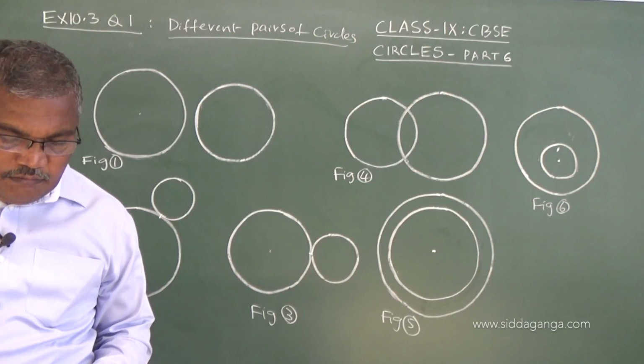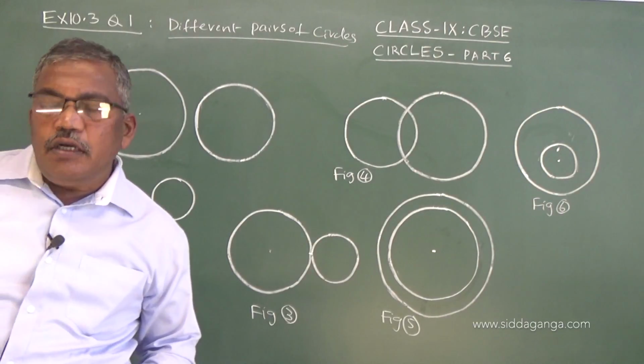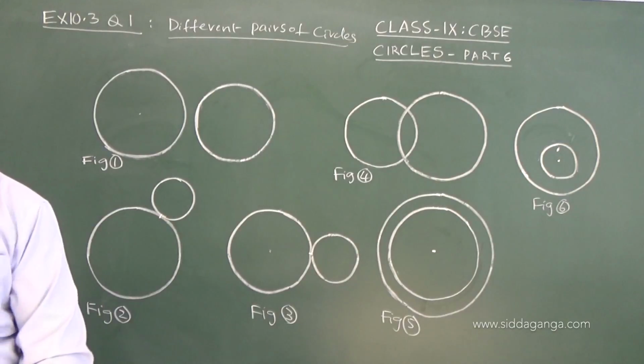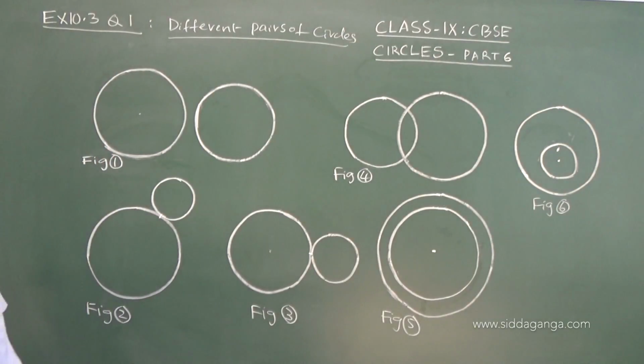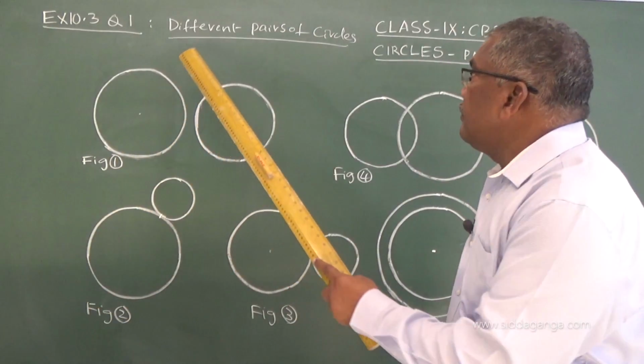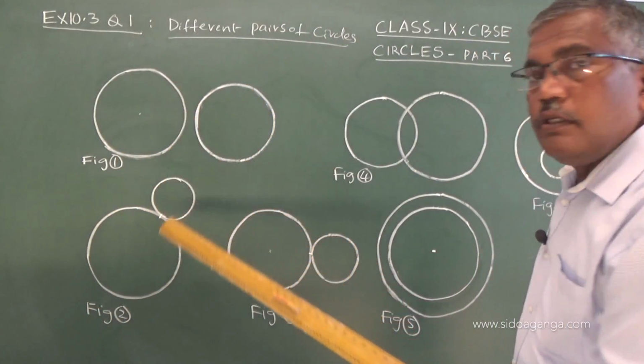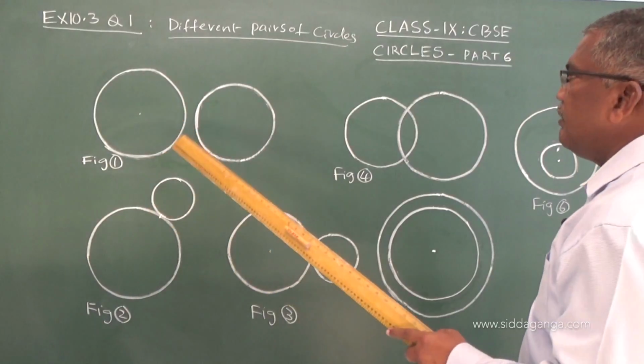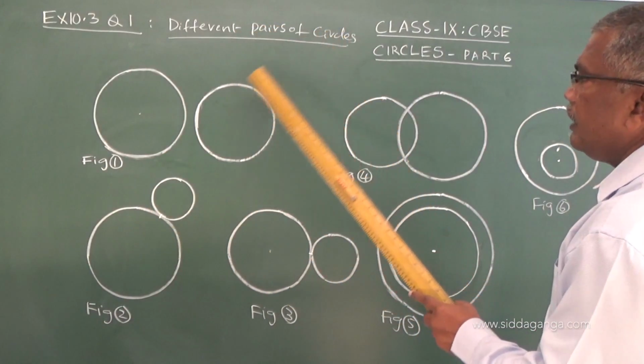What is the maximum number of common points? For this particular question we can draw six types of figures.